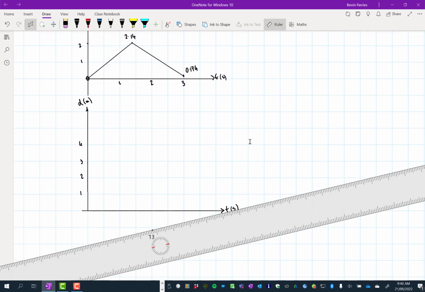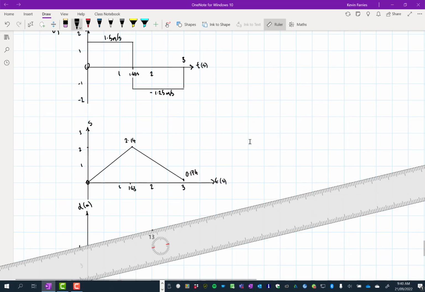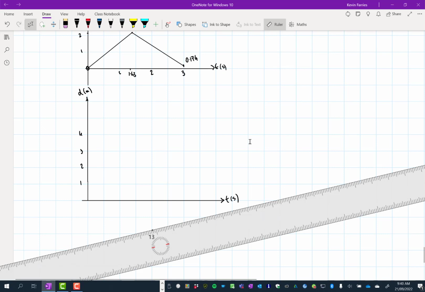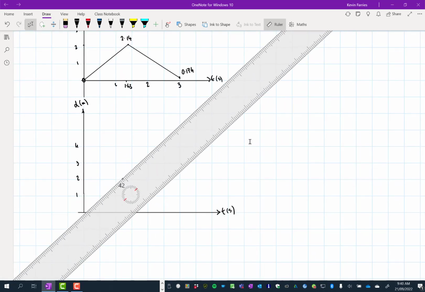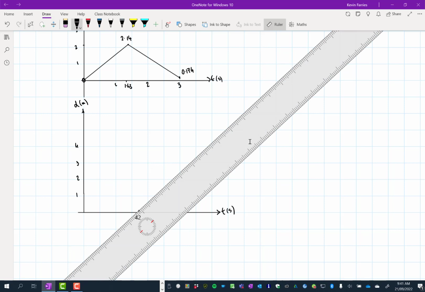So it's going to start off the same. It's going to go to 2.14 after 1.43 seconds, wasn't it? Something like that. Okay, this should probably be a little bit more that way, I reckon.